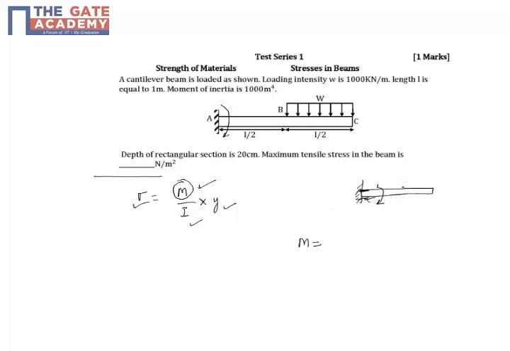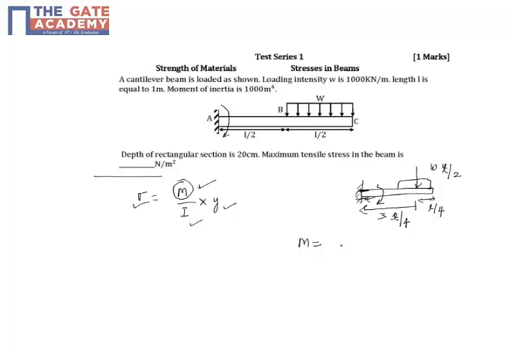For that I can represent this distributed load by a single load, which is W into L by 2, that is WL by 2, the load into the length over which W is acting. It is acting at the middle, so it is L by 4 from the free end, and this distance will be 3L by 4.